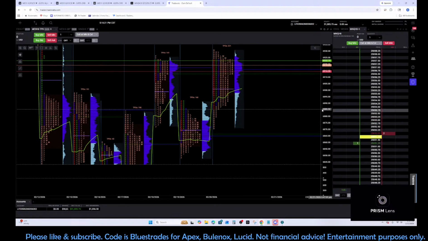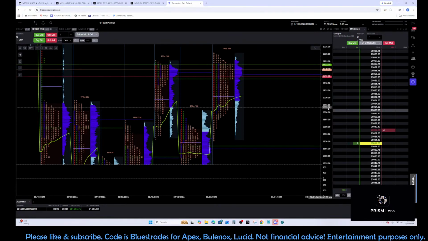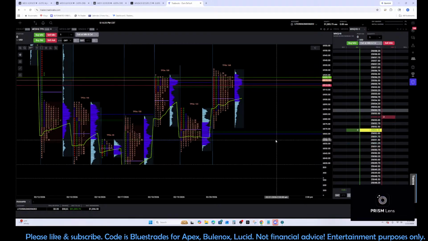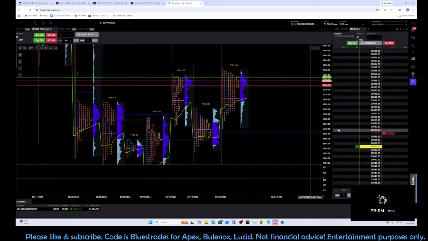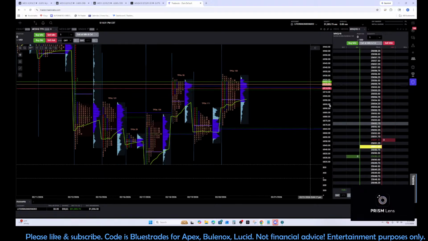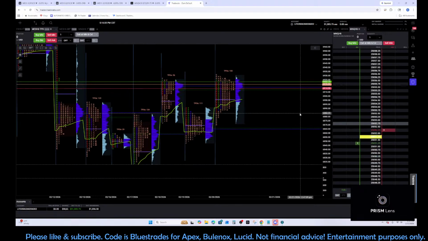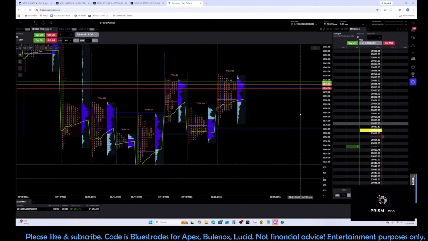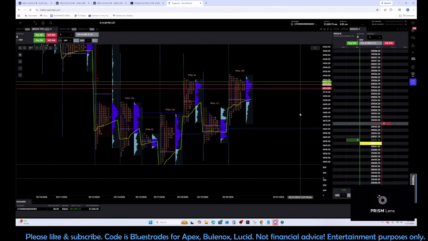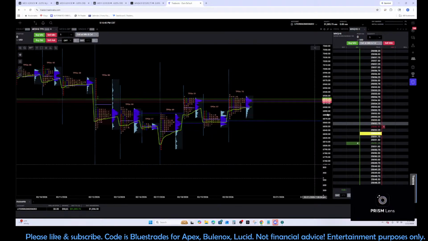Okay, so yeah, I wanted to see the TPO chart here on ES so we can figure out where the buyers and sellers are, right? Because the TPO chart is a great way to figure that out.